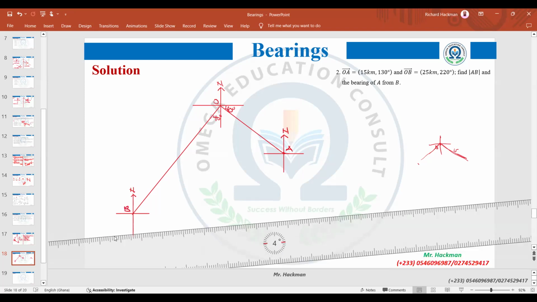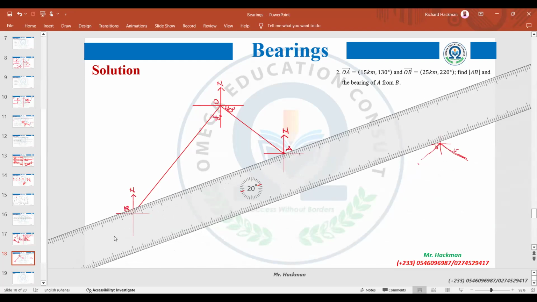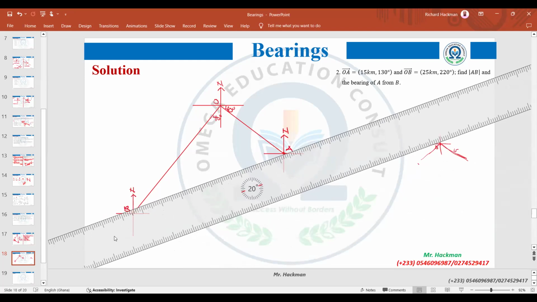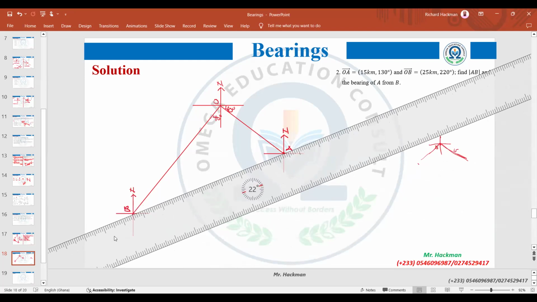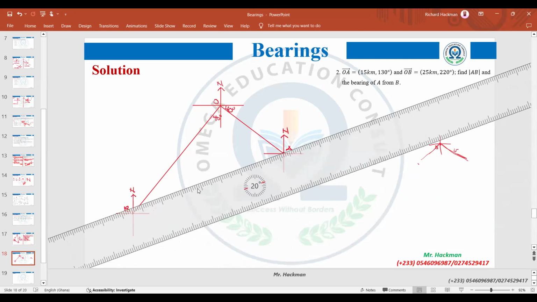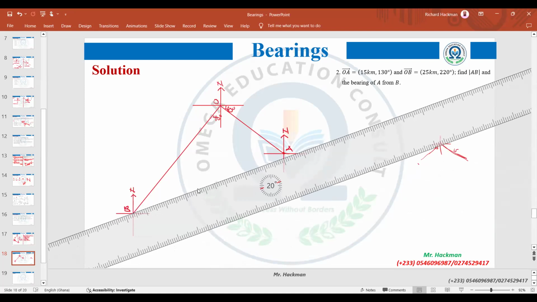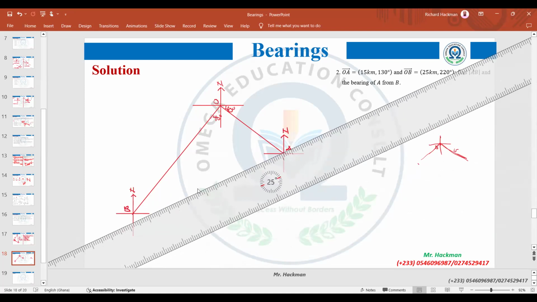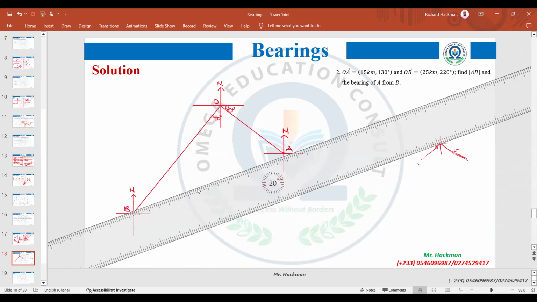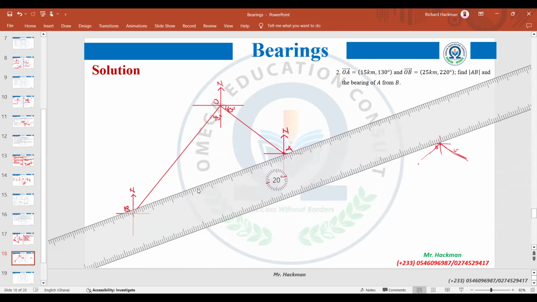Now remember, you should always join these two points last, then a triangle will be formed. So let me come and do the needful. This time around, it seems my straight edge is giving me cause to worry.